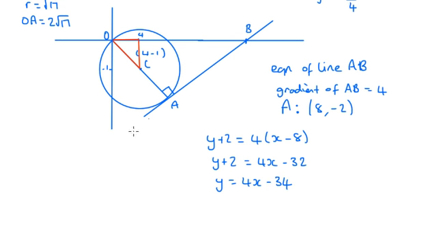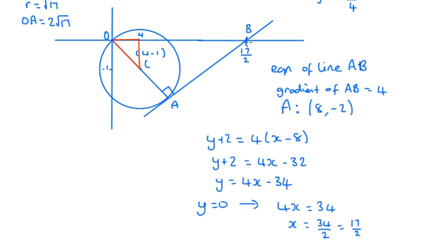So that tells us that the y-intercept would be minus 34. We want the x-intercept though, so we need to make y equal to 0, which is going to give us 4x equals 34. So x is 34 over 4, which is 17 over 2. So that's a bit annoying. So this is the coordinate 17 over 2, 0.